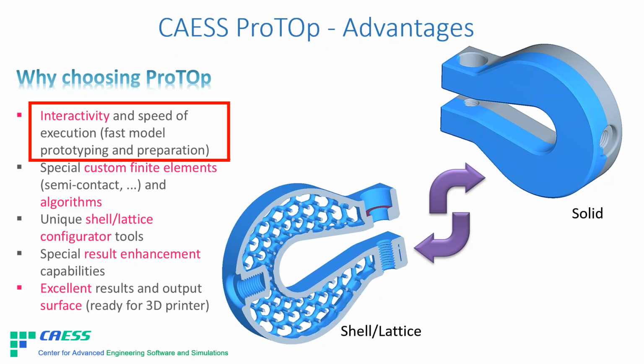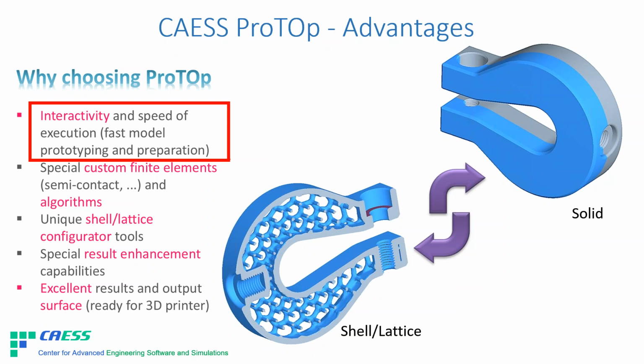You can optimize today, close ProTOP, come back the next day and run the optimization from the point where you ended yesterday. You can even record your design cycles. So when you make experiments, try this and that, and maybe at some point you get a result that is worse than some previous result, you can easily go back, load the previous result, and just continue your optimization.